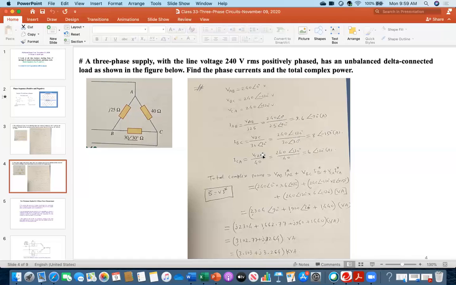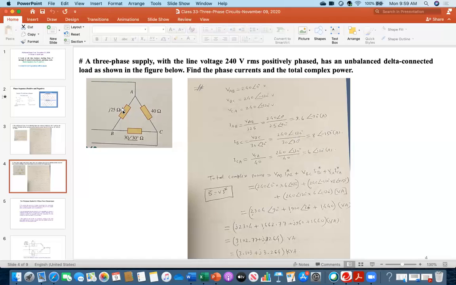And so I got those phase currents and I have to find the total complex power for this load. This means you cannot use root 3 VL IL cos theta, because it is an unbalanced system. As you can see, the current magnitudes are all different. Their phase angles are different. So you have to do one phase at a time.